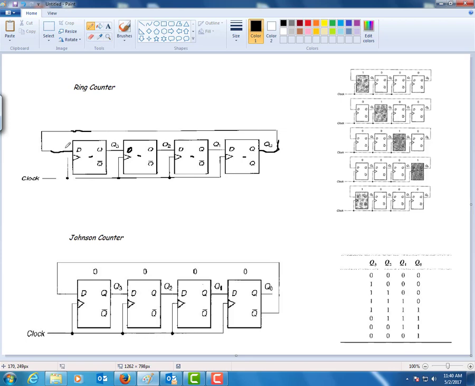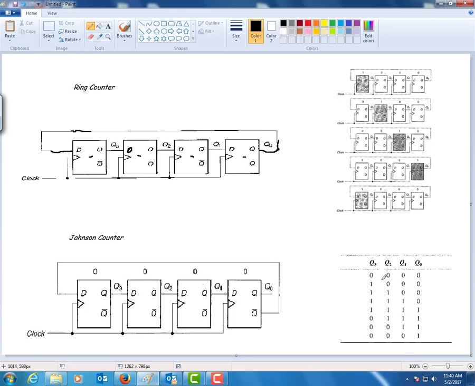Pretty straightforward. Now let's talk about the Johnson counter. It's very similar. However, instead of connecting Q back to D, you connect the Q bar or the Q naught back to D, right? Now instead of showing the outputs through a series of pulses as we did here, I'm going to show it to you in a table.